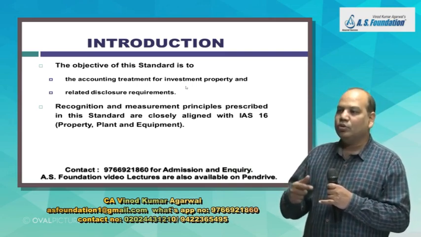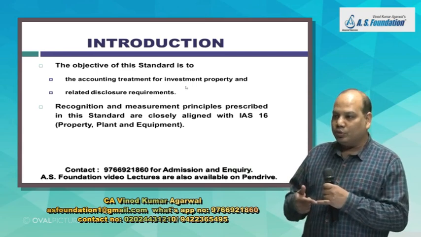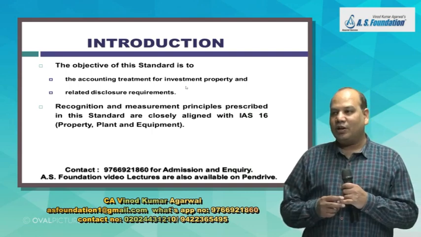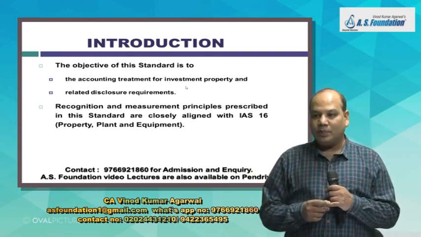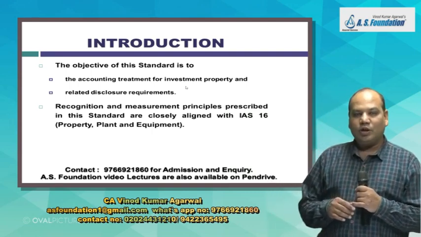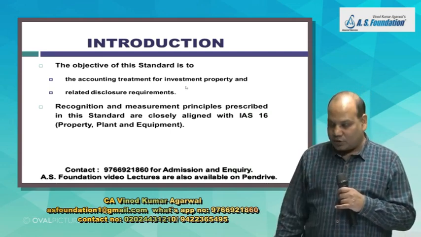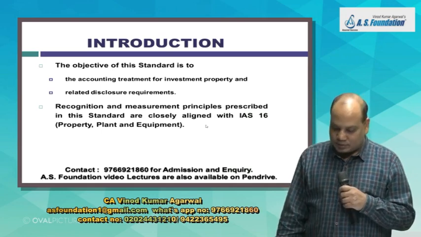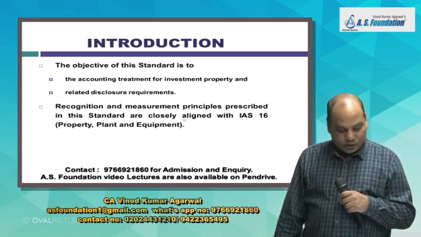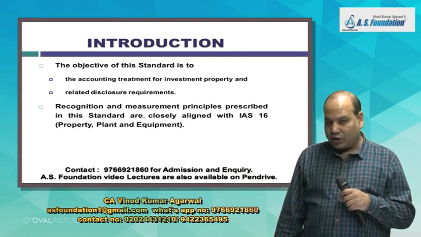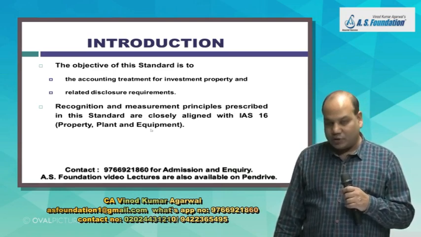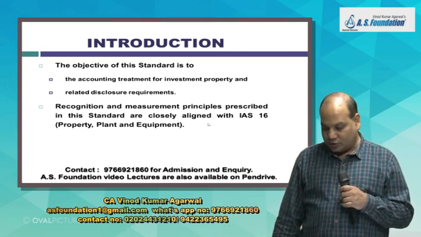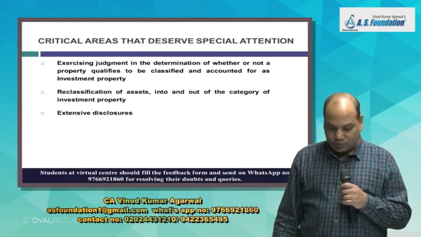Only land or only building or both, with the prime objective of earning rental income or capital appreciation, and not with the objective of using it for business or to sell in the ordinary course of business. Okay. So it is mentioned in your note also that recognition and measurement principle prescribed in this standard are closely aligned with IAS 16, that is property, plant and equipment.